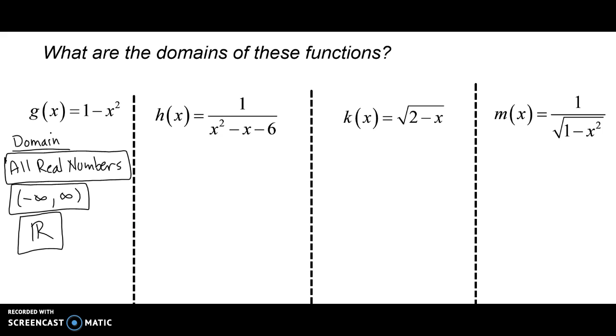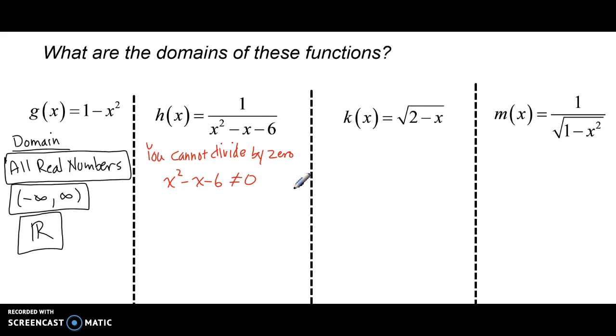But if you do have a denominator or if you do have a root, then there's going to be some work you have to do. Like the second function here, h. This has a denominator. And since the rule is that you cannot divide by 0, what that means is the denominator that we've got here, x squared minus x minus 6, that cannot be allowed to be 0.